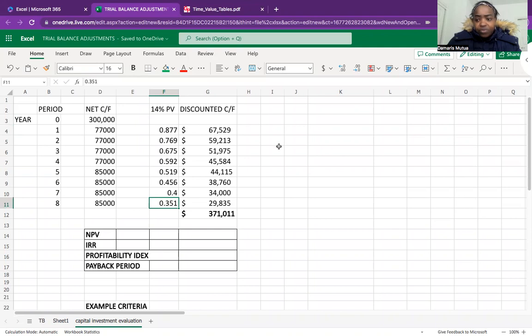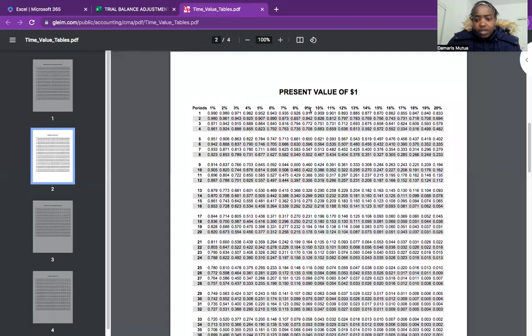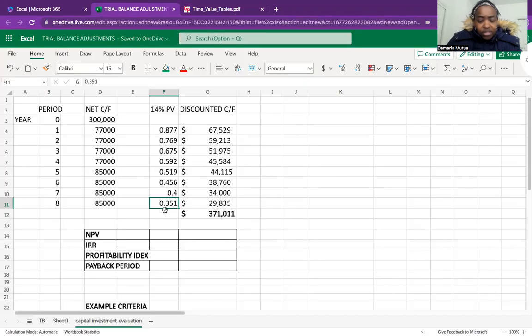I've already put in the values so that we are able to evaluate the project very fast. If you check the other years, those are the discount rates. So just get the discount rate that corresponds to the period and multiply by the cash flow. And these are now the figures that you get.